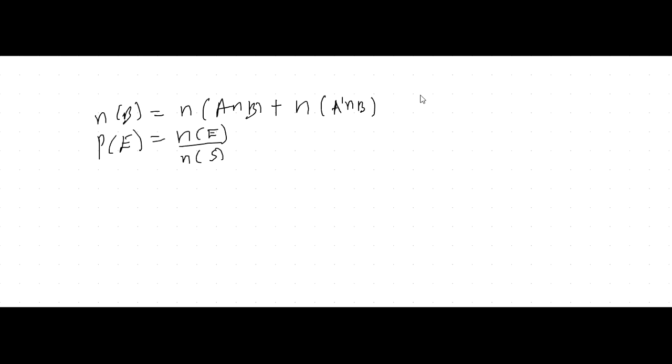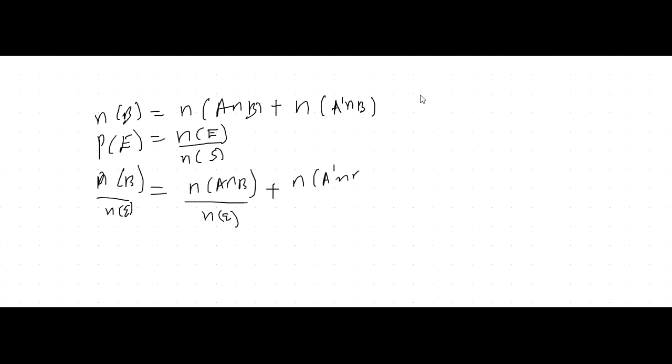So number of A intersection B divided by number of the universal. Then we add number of A complement intersection B, still divided by number of the universal.